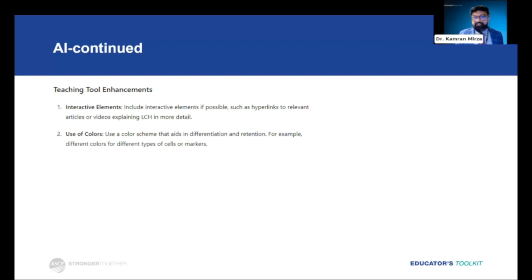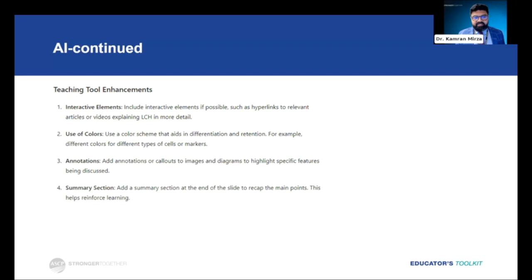I'm not kidding you. It's not that we saw this first. This literally was, yeah, almost last minute that I put this in. Annotations, add annotations or callouts to images, summary section, so add a summary section at the end, and then have a question prompt, include a question or prompt for discussion at the end of the slide.